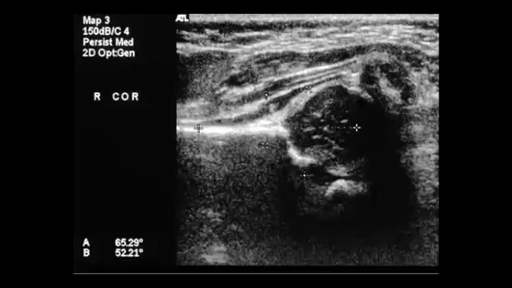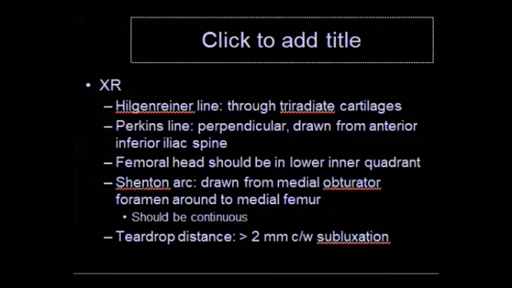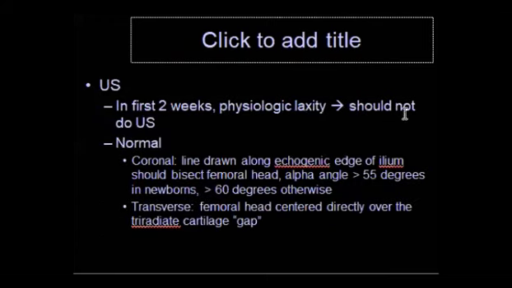And they try to measure the alpha and beta angles. So the acetabular angle, if he finds an angle of 60 or more, this may indicate that he has acetabular maturity. Okay.